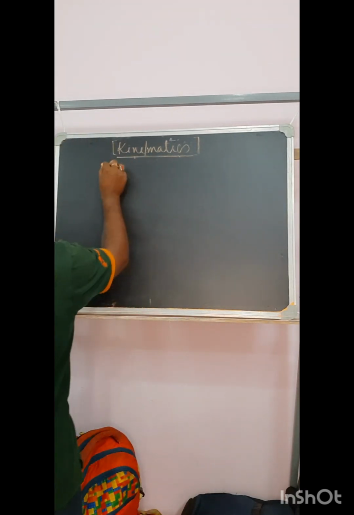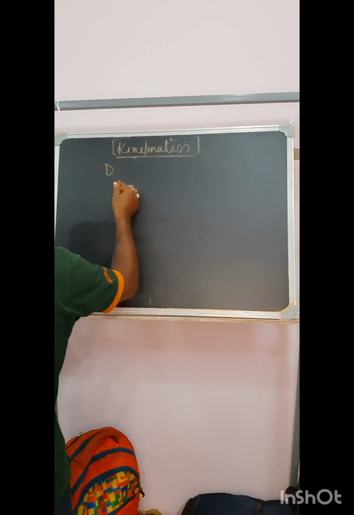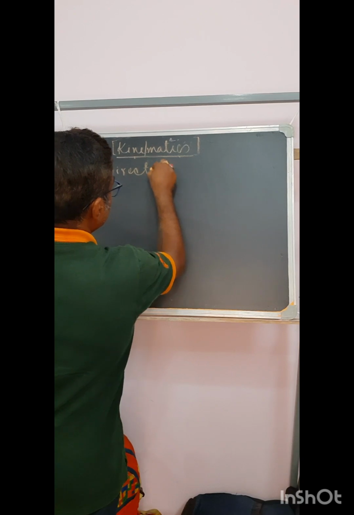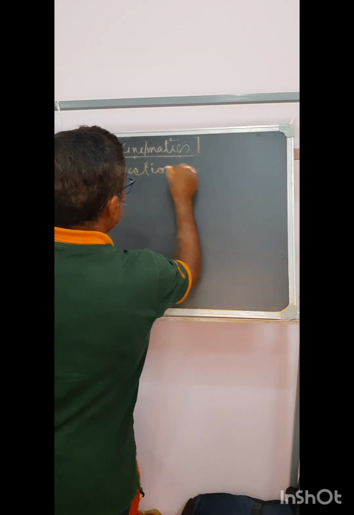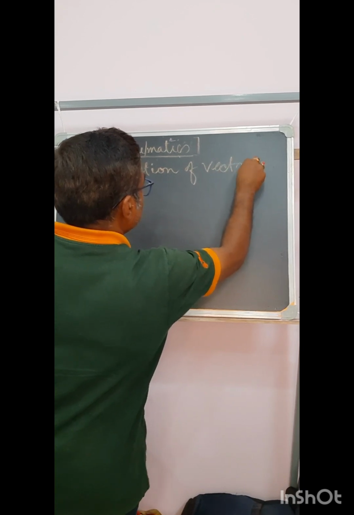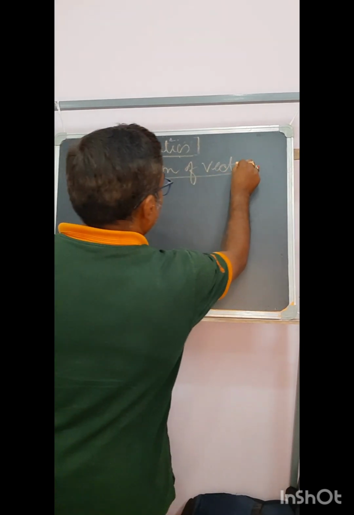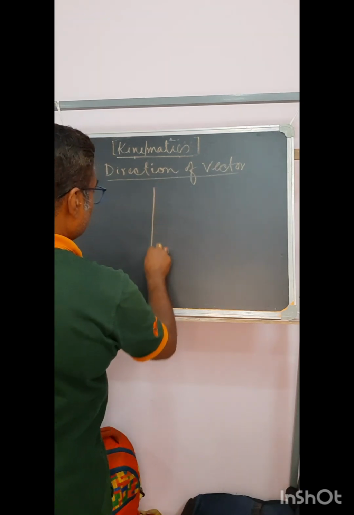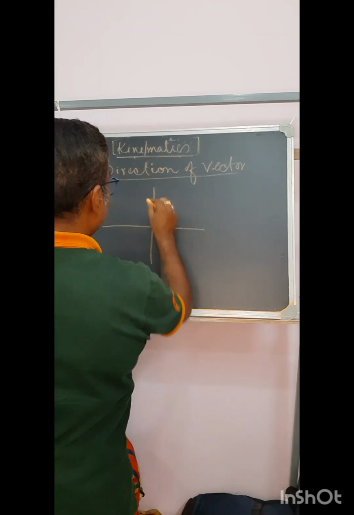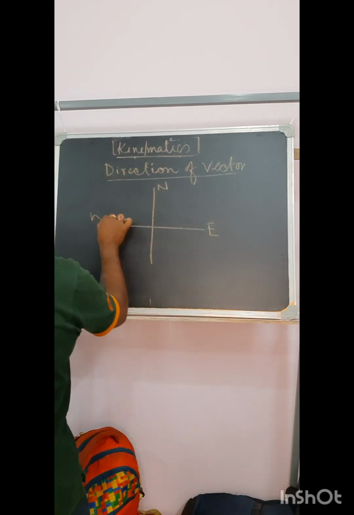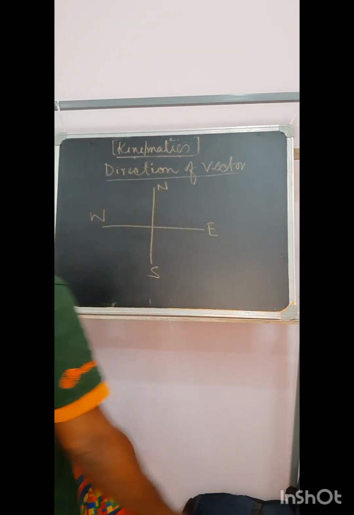Now I will come to the direction of a vector. Because a scalar doesn't need any direction, I will not discuss that. We know the universally accepted system: this way is north, this way east, this is west, this will be south.